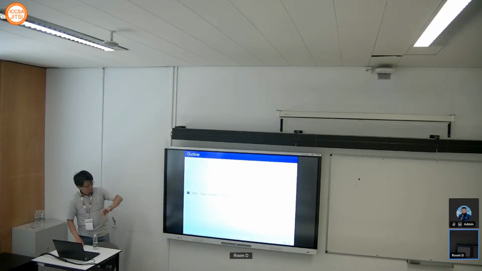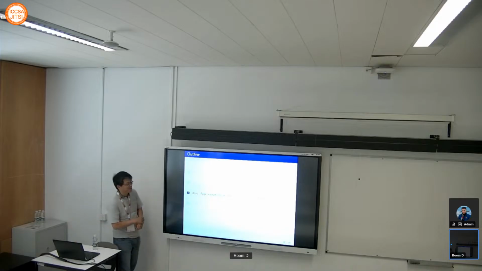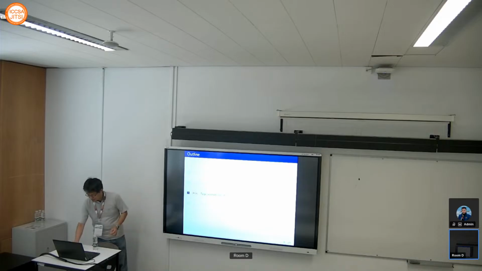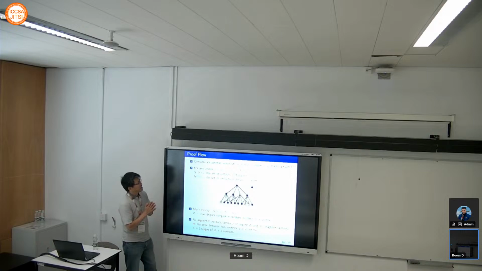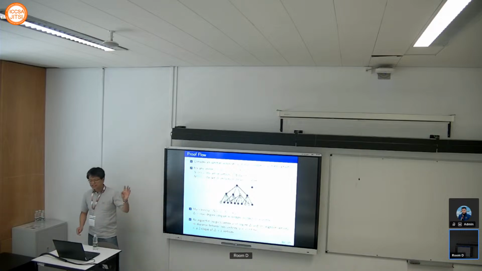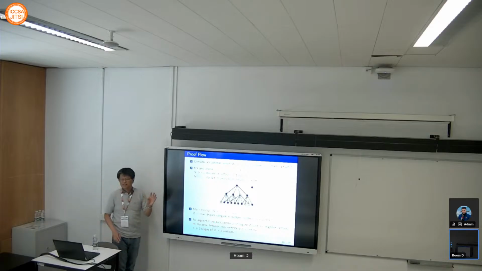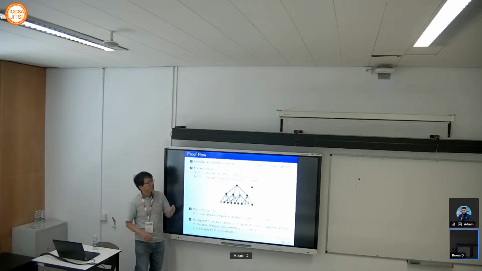Okay, let me explain some ideas to obtain approximability for chordal graphs. The proof flow is as follows. First, we consider an optimal set of vertices of maximum 2-clique in a chordal graph.